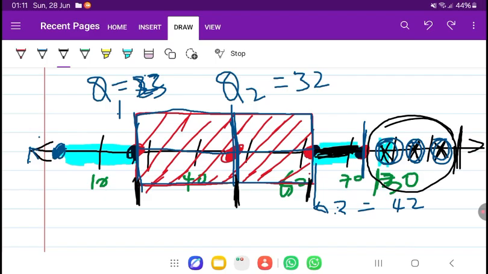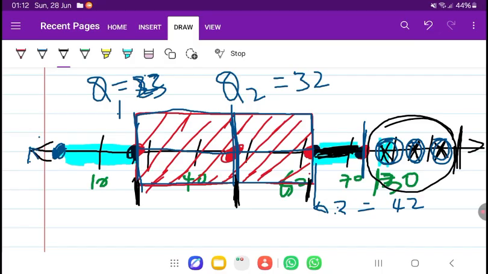So you find ways on how you can explain the data depending on what they have given to you. Maybe you can say that most students scored less than 60, or most scored more than 50, depending on how many people are on the right hand side and how many are on the left hand side, depending on their scores.